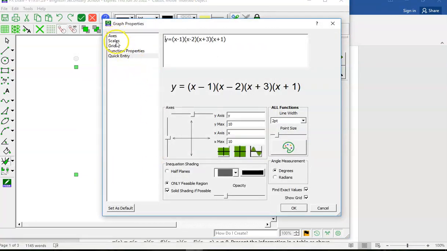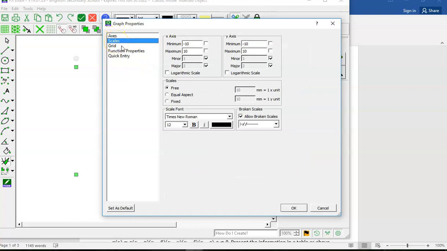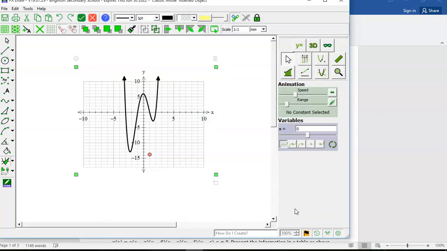Unfortunately, I haven't found auto zoom on here. So some people in the past have actually used it, typed it into their calculator, gone auto zoom, and then they've adjusted, copied the scale into their window here. And of course, if you prefer to use Desmos, by all means use Desmos.